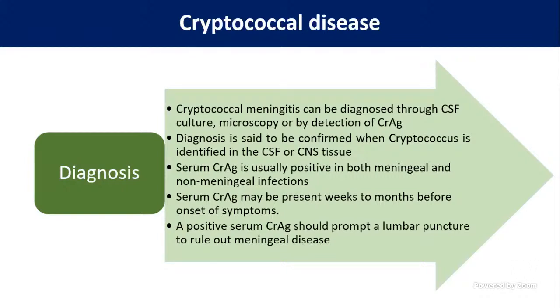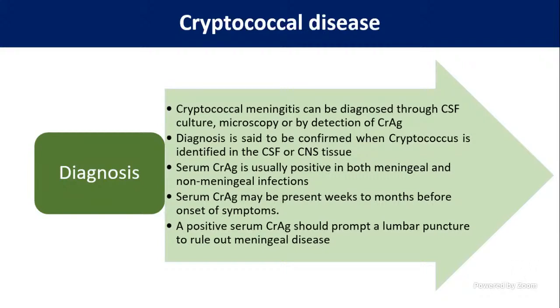But as we go through the other sessions in OI management, we will look at when we put a person on full-blown treatment, and when we give a preemptive treatment, even with a serum CrAg, or whenever you do not have an LP facility within the place of work.